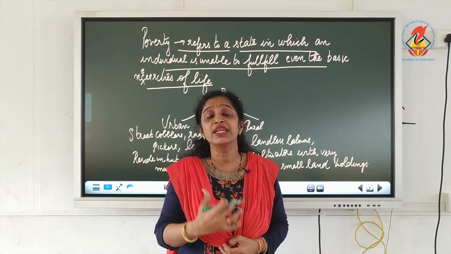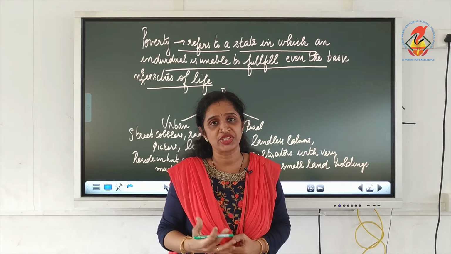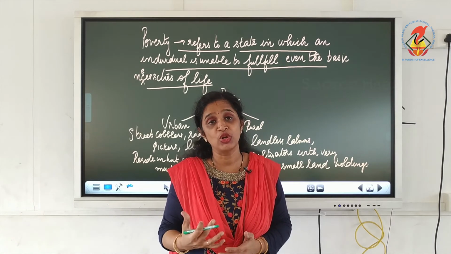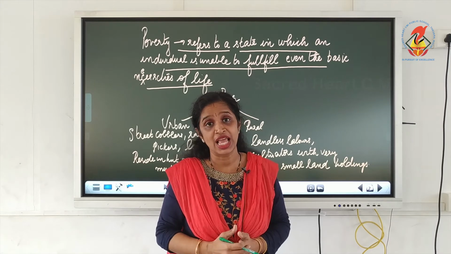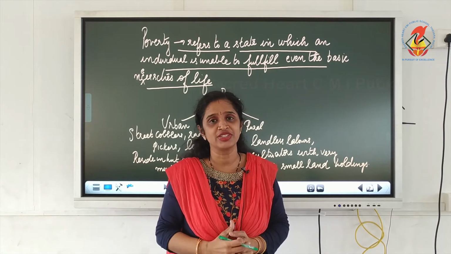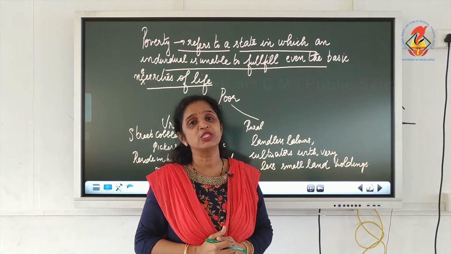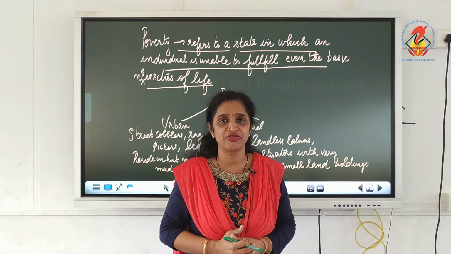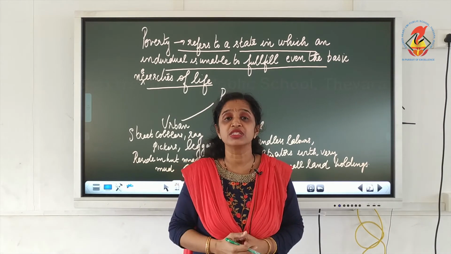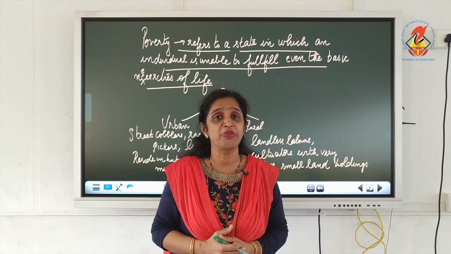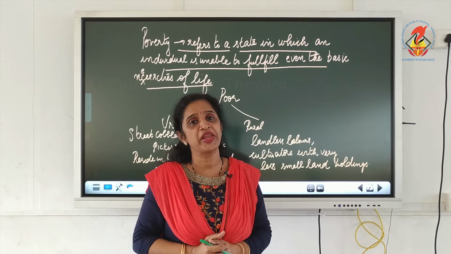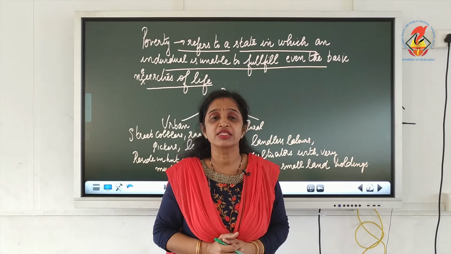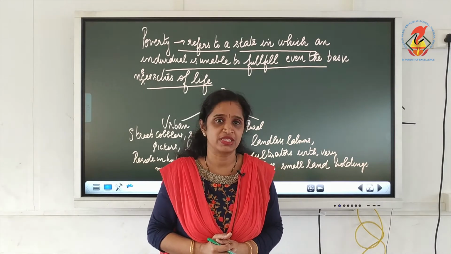Which are the basic necessities of life? Shelter, clothing, education, health, sanitation, drinking water. All these belong to the basic necessities of life. So, if a person is deprived of all these basic necessities, then he can be considered a poor person.